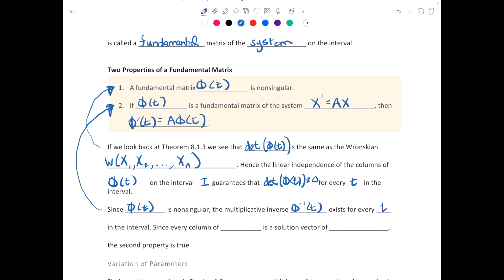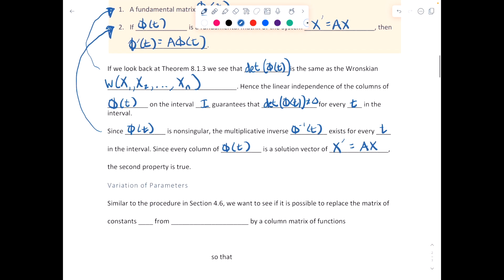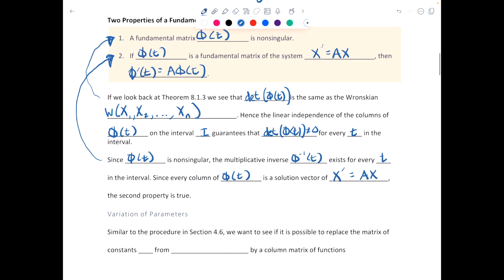Since every column of phi at t is a solution vector of x prime equals A times x, again, all matrices, the second property holds true. Okay?